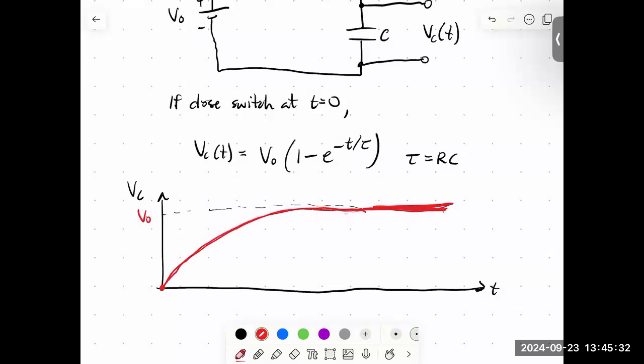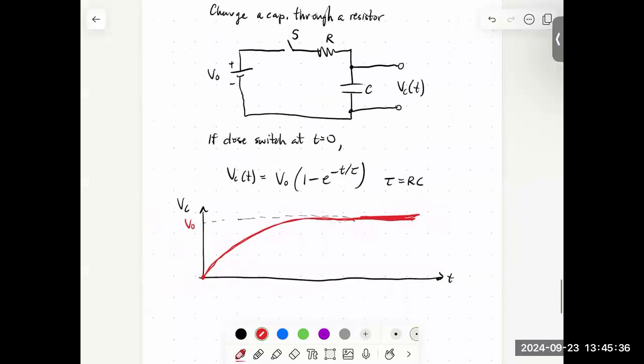Now we could have done the opposite problem. We didn't do it, but we could have. We could have said, let's start with the switch closed for a long time and let our capacitor fully charge. Let me do a better version of this picture.